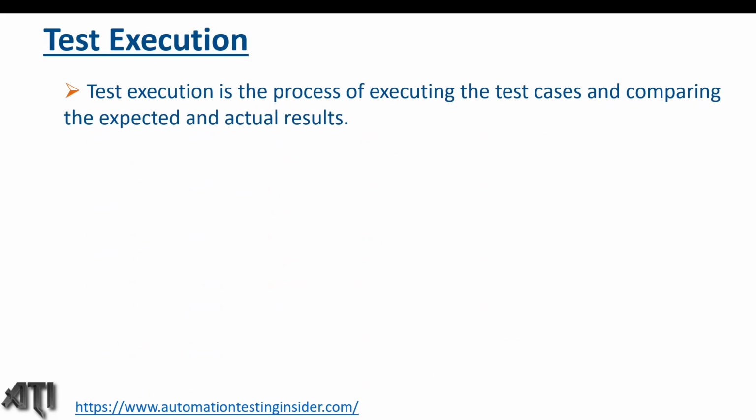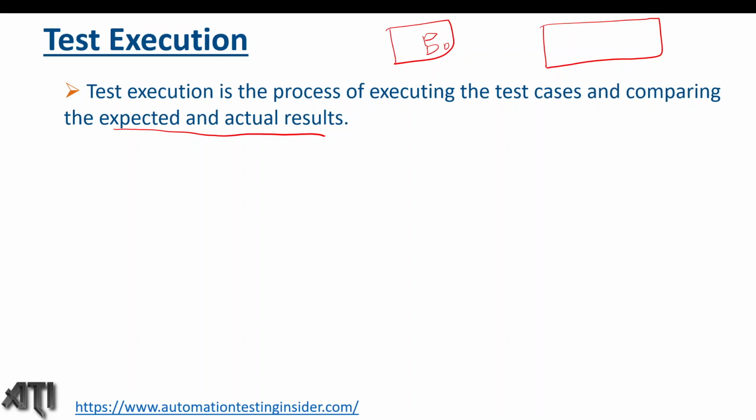In simple terms, test execution is the process of executing the test cases and comparing the expected and actual results. If you remember, guys, while writing the test cases we wrote expected results. For example, when we enter a valid username and valid password and click on the sign in button, what should be the expected result?